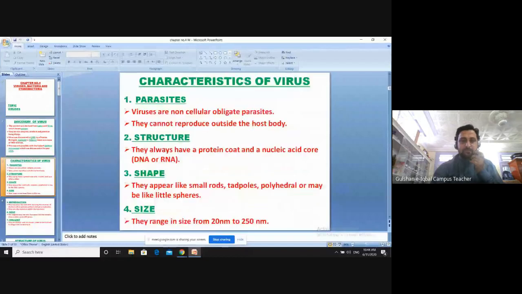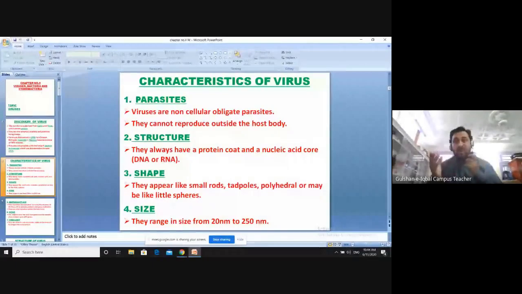Let's see the next. What are the characteristics of a virus? Number 1, they are parasites. Now, what are parasites? Parasites are those organisms which live in their host. They will harm their host, and in return, they will harm their host. They're called parasites. Okay, so viruses are basically non-cellular obligate parasites.